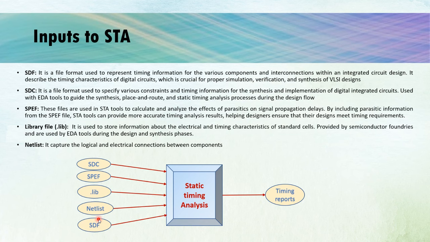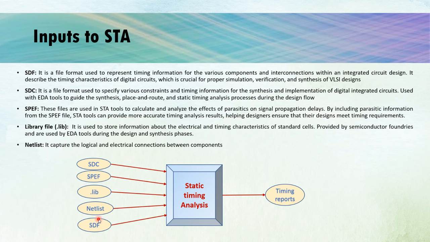This synthesis process also optimizes the design for factors like area, power consumption, and timing constraints. So, in short, the netlist basically captures the logical and electrical connection between the components.